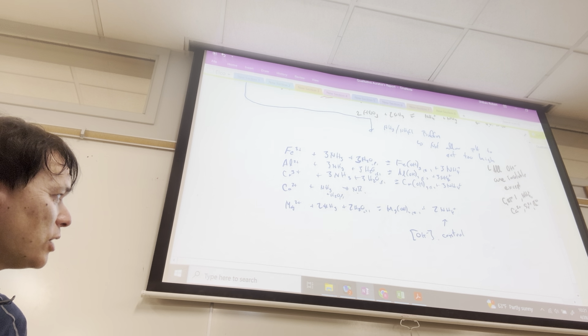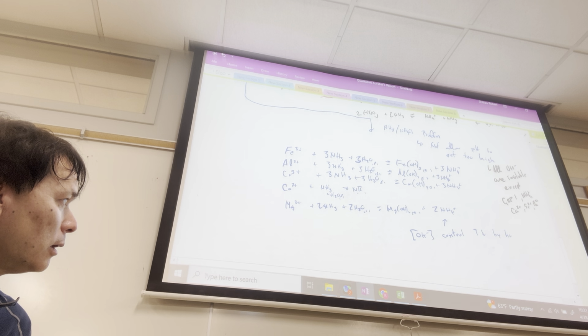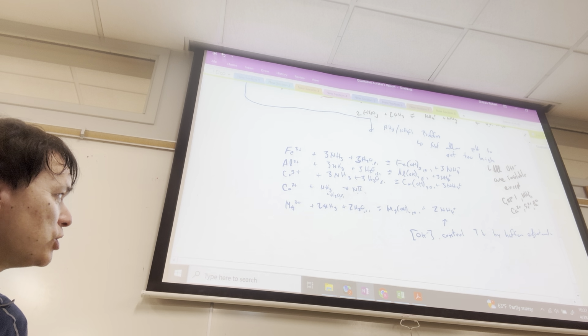We can control the hydroxide concentration by either increasing or decreasing it by adjusting the buffer, by buffer adjustments. Buffer adjustments is you change the ratio.